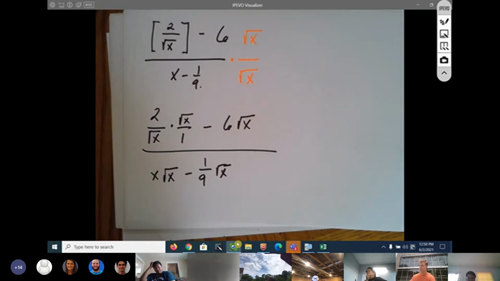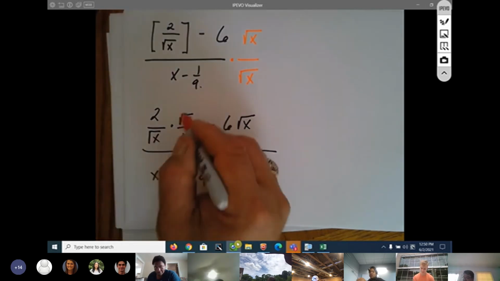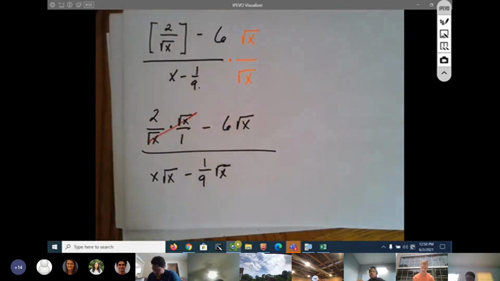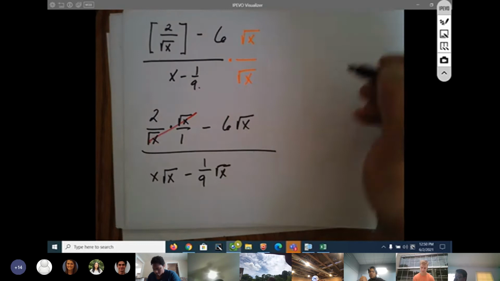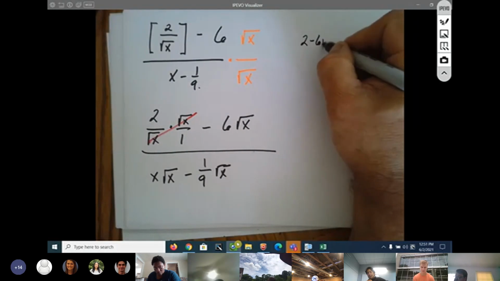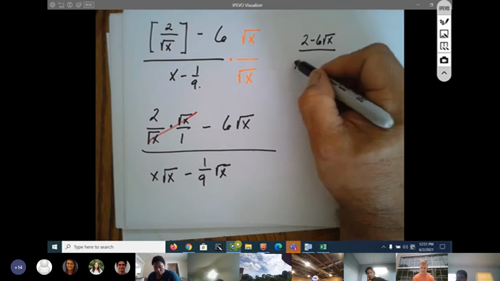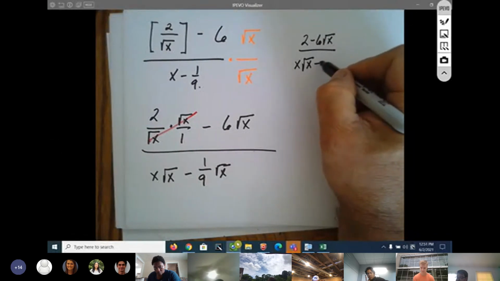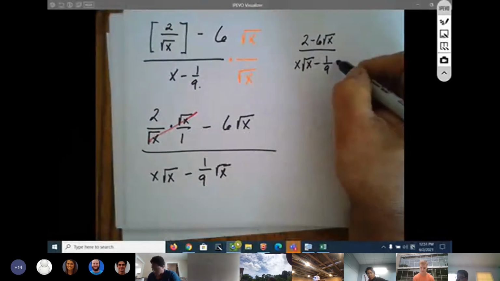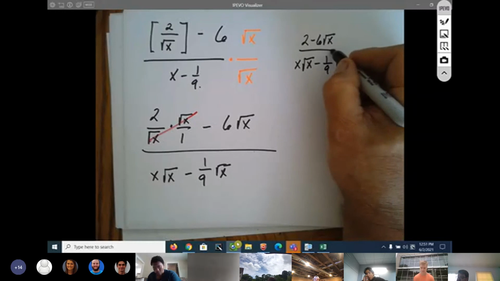Gosh, what a mess. And of course, the square roots of x are going to cancel. And then that's going to leave you with 2 minus 6 square root of x over x times the square root of x minus 1/9 square root of x.